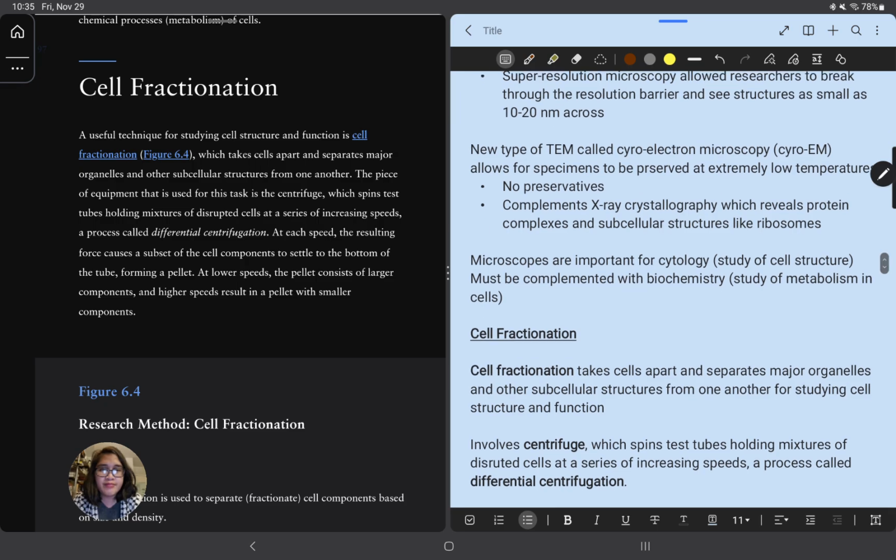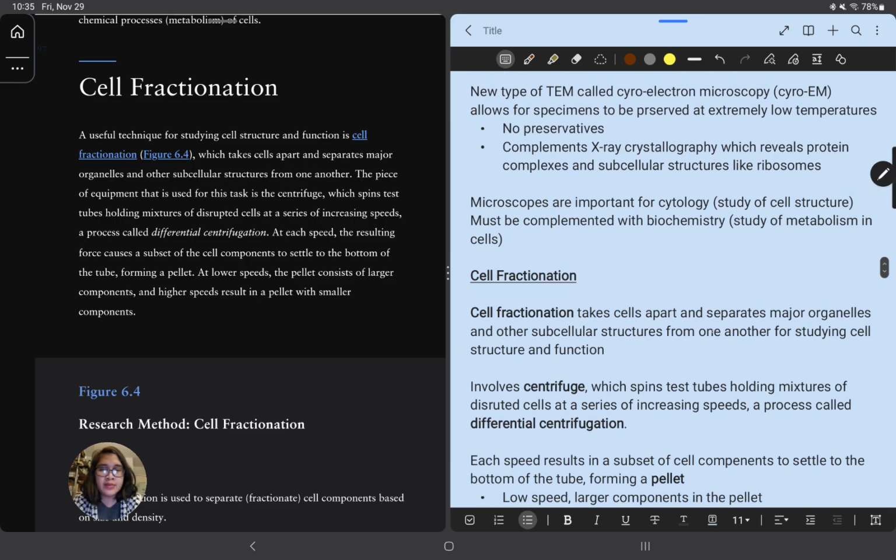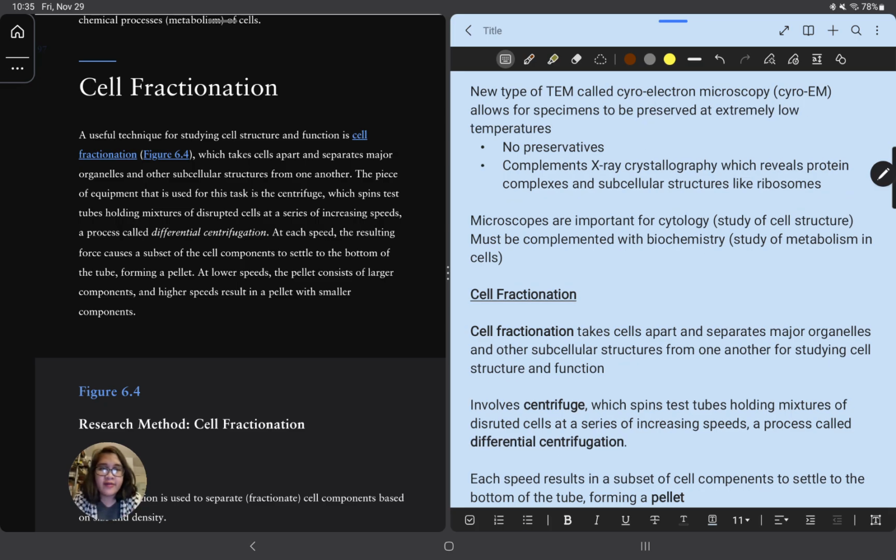nanometers across. A new type of transmission electron microscopy, called cryo-electron microscopy, allows specimens to be preserved at extremely low temperatures.